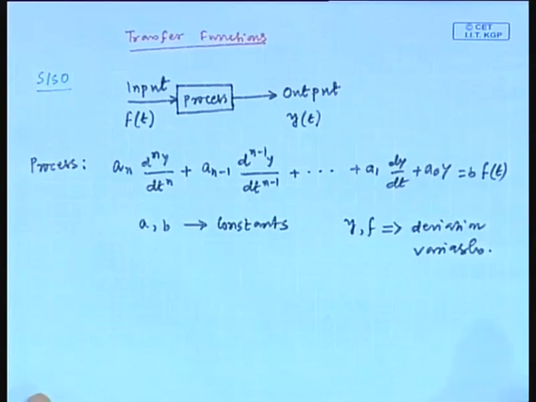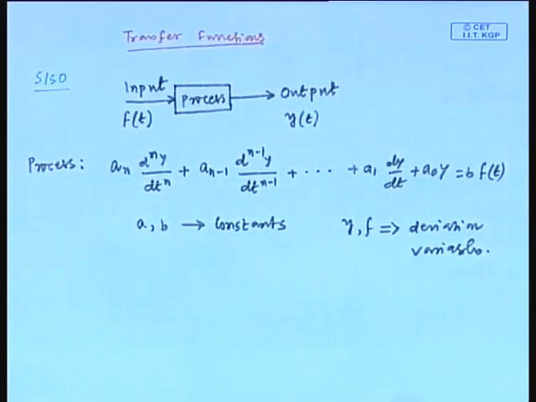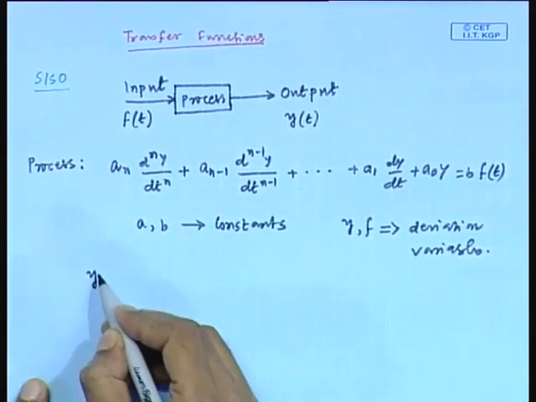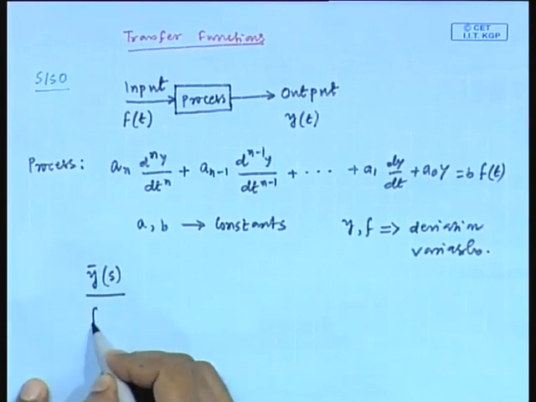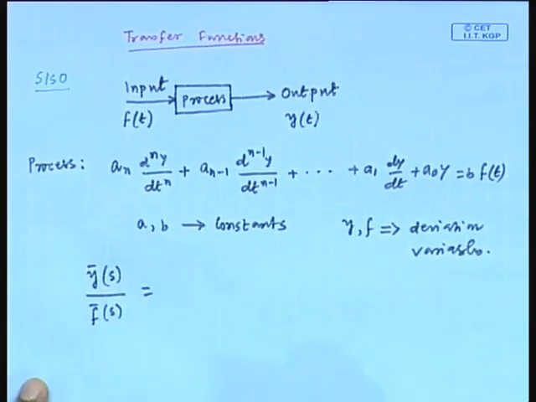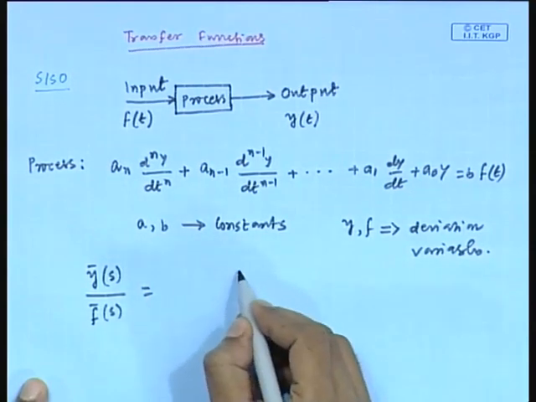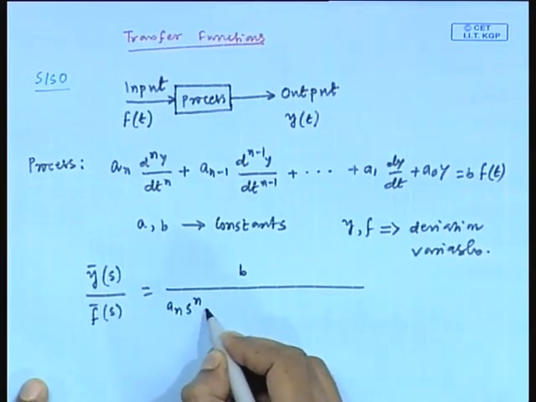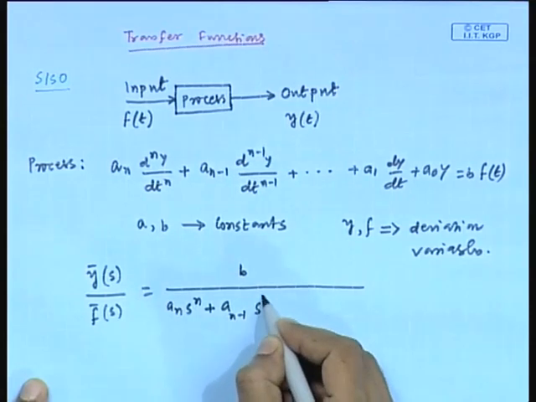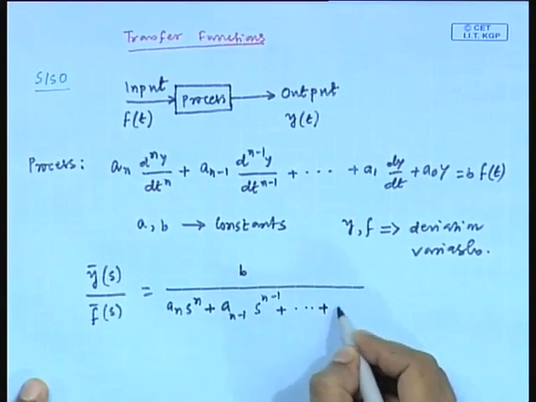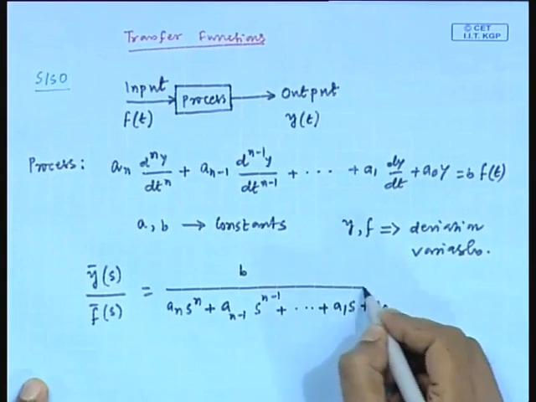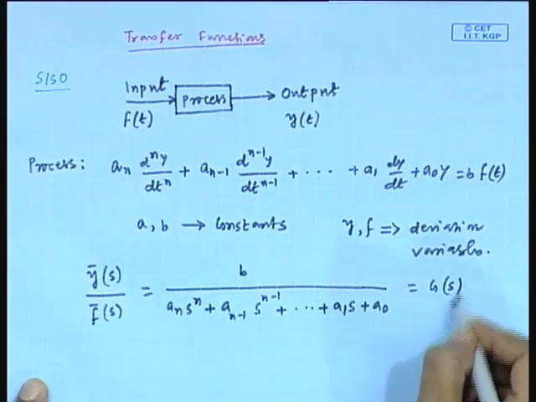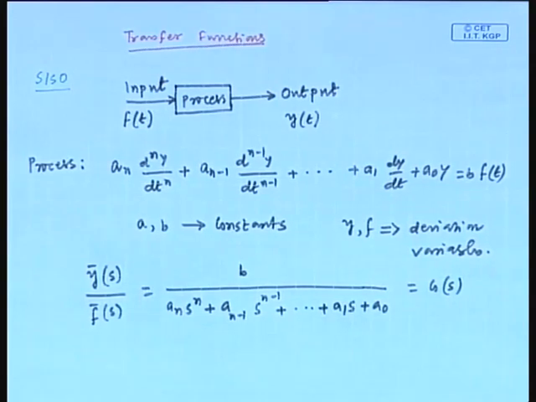In the next step, we took the Laplace transform of the process model, and finally we got the expression in S domain: y(s)/f(s) equals b divided by a_n s^n plus a_(n-1) s^(n-1) plus ... a_1 s plus a_0, which is basically the transfer function represented by G(s).